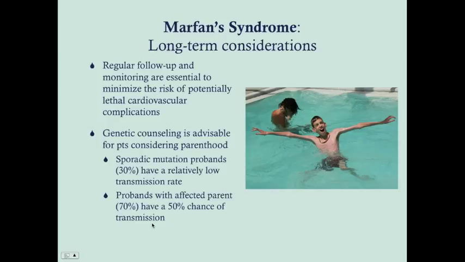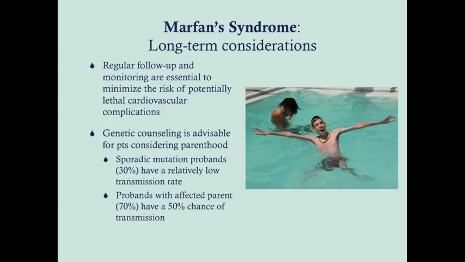Long-term considerations, so really important that they get their regular follow-up and monitoring to minimize the risk of potentially lethal cardiovascular complications. As far as when the patient asks you, which they always will, eventually, what their risk is of transmitting this on to their offspring, if they have Marfan syndrome that was familial, then they have a 50% chance of transmission.